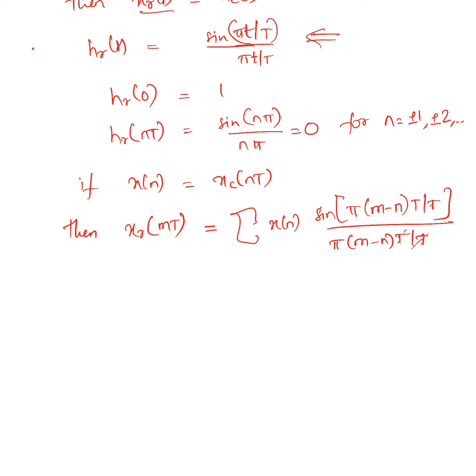So this T would cancel out and the remaining part is x[n] sin(pi (m - n)) over pi (m - n).